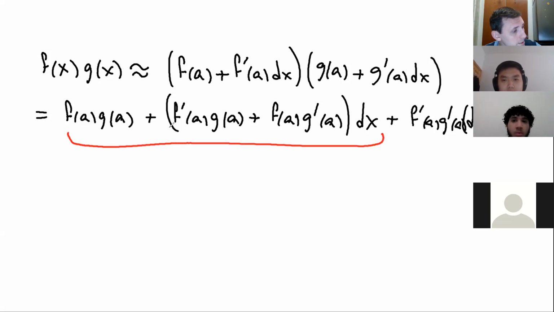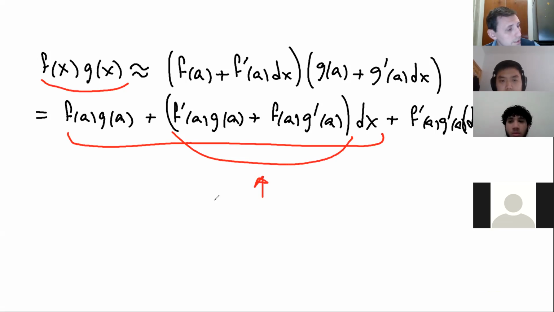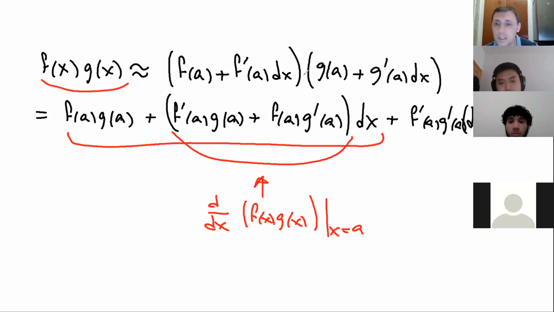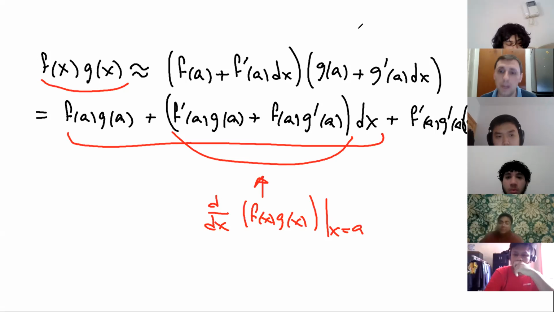And which means that's the slope of the tangent line if you zoom in near the point A. So that is the derivative of f x g x where x equals A. And of course, I can just make it arbitrary x. It doesn't matter. I now have a formula for the derivative.